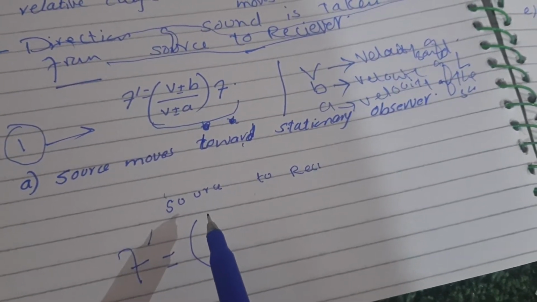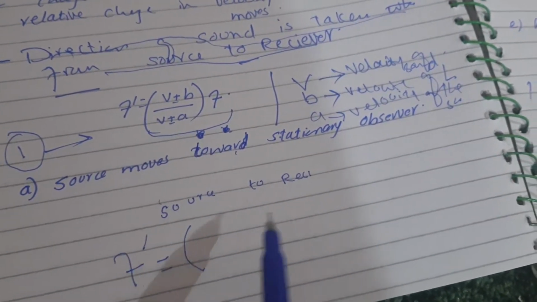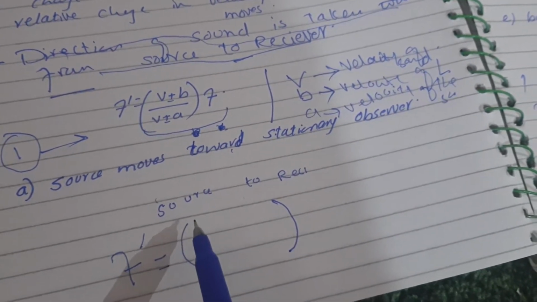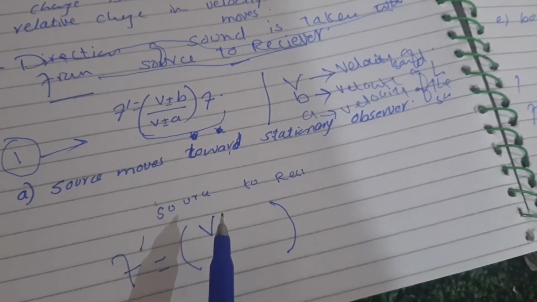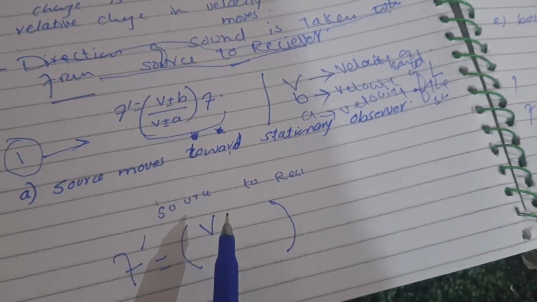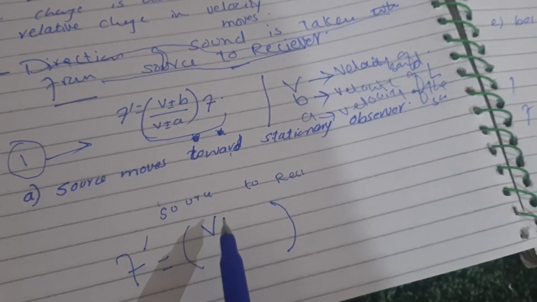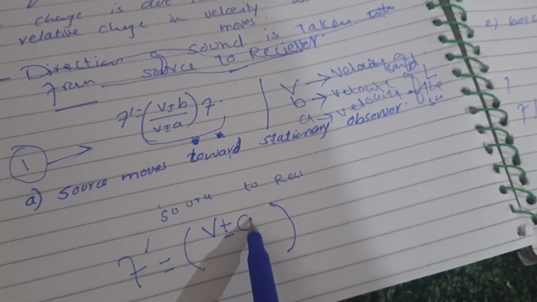As I told you, the source moves toward the stationary observer. The observer is at rest, so initially this is the speed of sound. It moves towards the stationary observer, that is to say the listener is at rest. So here I would write plus minus 0.